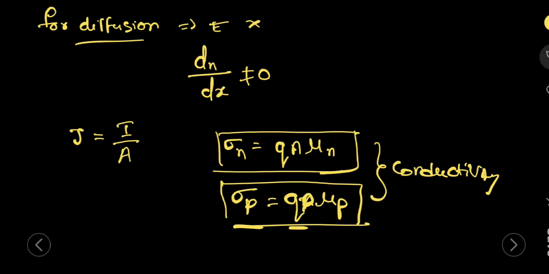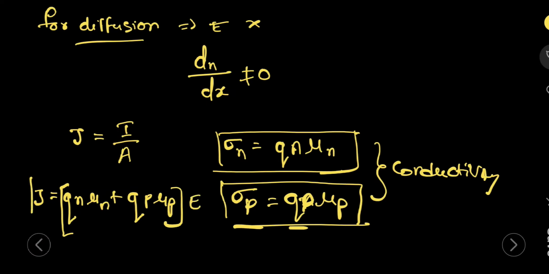J equal to I by A. So J is approximately q n mu n plus q p mu p into E. You can say this is the formula for current charge density in case of both majority and minority carriers.